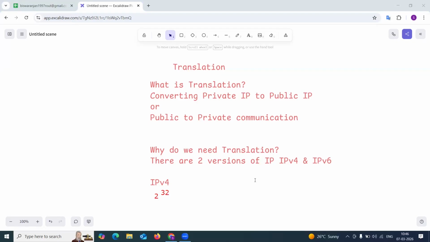Correct? And when I say IPv6, it's 2 to the power of 128. Correct?